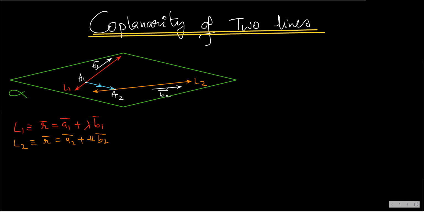Since the two lines are in the plane, the two vectors B1 bar and B2 bar are also in the plane, because they are parallel to the two lines. So I will write here: let lines L1 and L2 be coplanar lines.